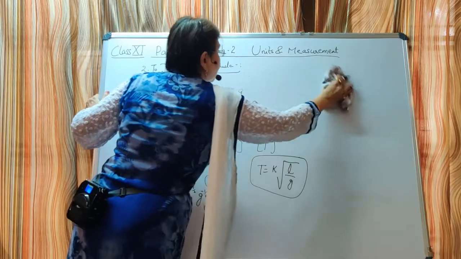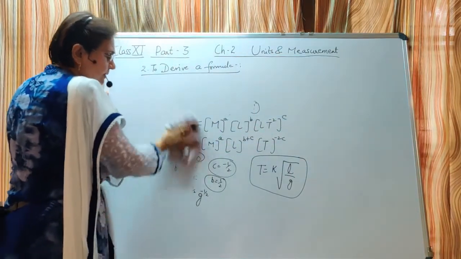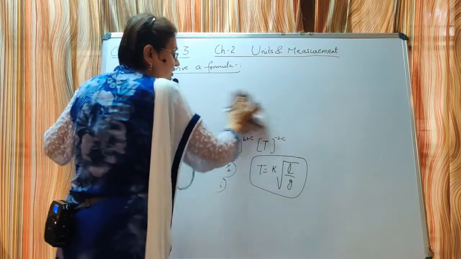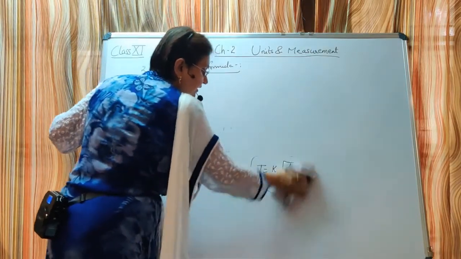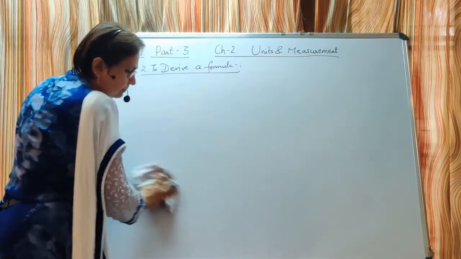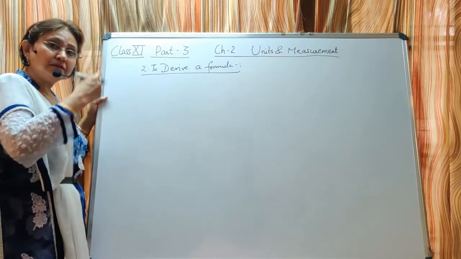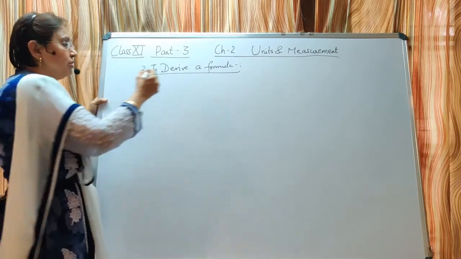Let it is given that the centripetal force. Okay, what is centripetal force? The force which is acting towards the center of the circle. Such a force we call it as centripetal force, and it generally comes into play when the particle is moving in a circular motion.